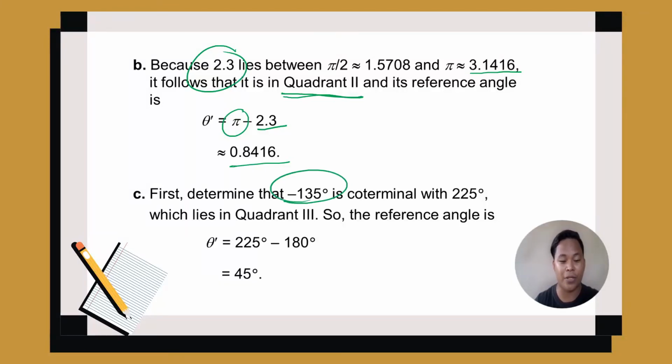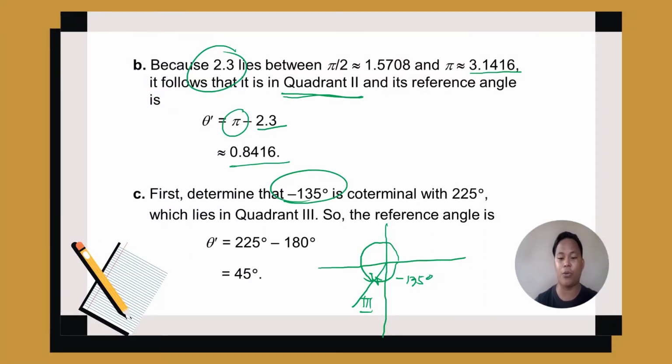For letter C, the given angle is a negative angle po. And here po, ang ginawa po is hinanap po yung positive coterminal niya. And if we're going to illustrate negative 135 in a coordinate plane po, its terminal side lies in quadrant 3 po. And its positive coterminal is equal to 225.